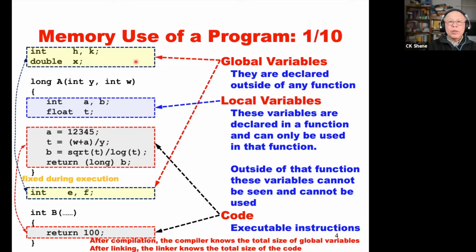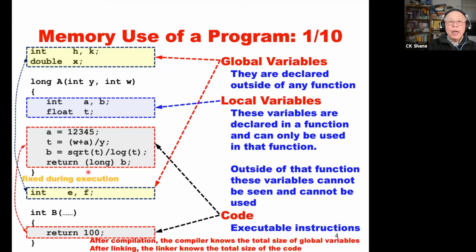And from these variables, the compiler is able to determine the total size of the global variables. Suppose each integer requires 4 bytes, and each double requires 8 bytes. The compiler would treat H, K, E, and F as 4 integers, each of which has 4 bytes. So for H, K, E, and F, there are 16 bytes.